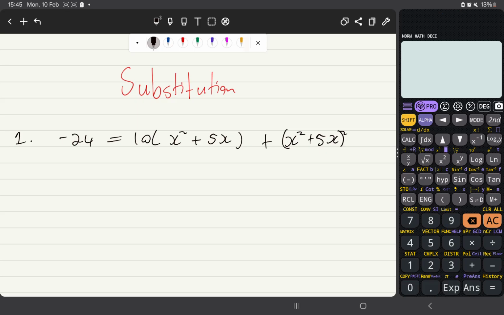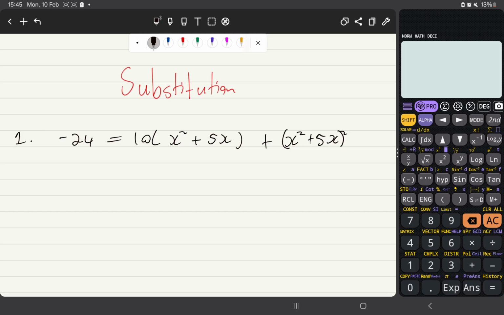Still under chapter 2. Now we're going to talk about substitution. We did use it in chapter 1 when we were solving some interesting equations.